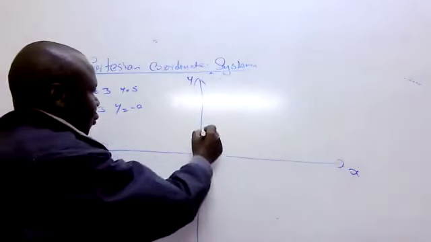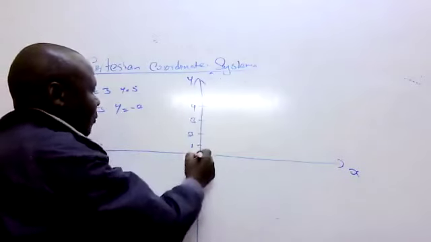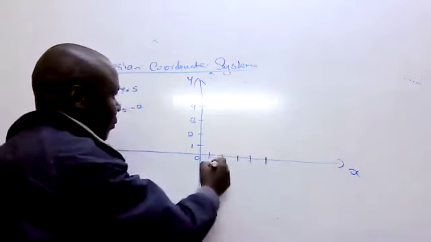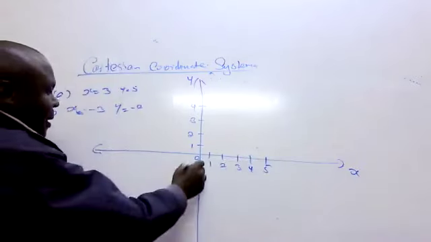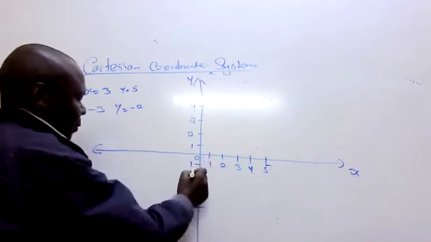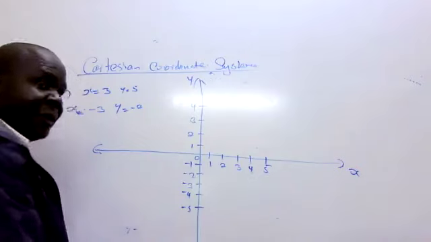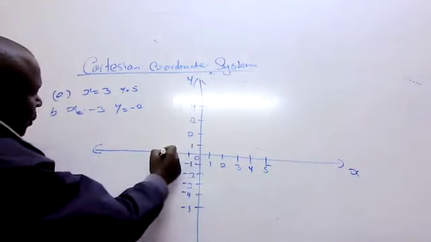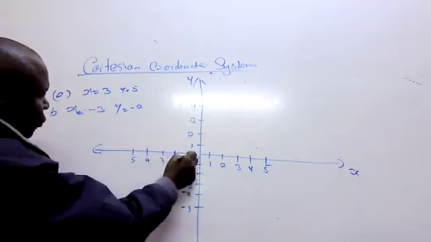So 1, 2, 3, 4, 5, starting from 0, and likewise along the other axis. Then the other sides are negative, downwards and to the left, 1, 2, 3, 4, 5.